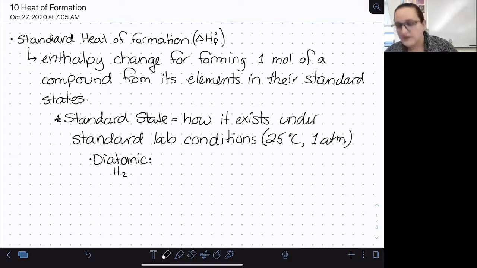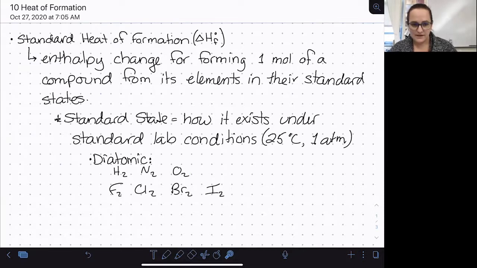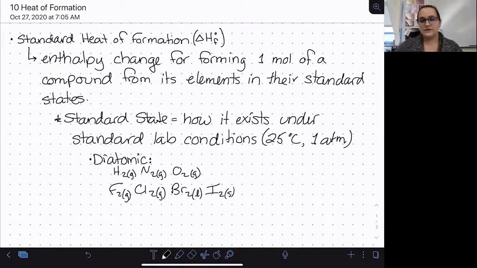They are hydrogen, nitrogen, oxygen, and then the halogens. So these always exist as 2 atoms connected together. Most of these are gases, but bromine is a liquid, iodine is a solid, is their state of matter at room temperature.